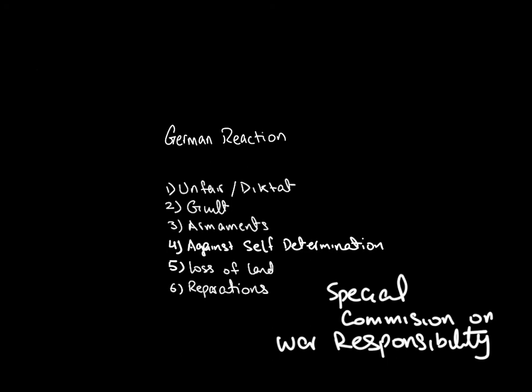The main blow to the German pride was the Clause of Reparations. The amount of 6,600 million pounds was ridiculous at any time.